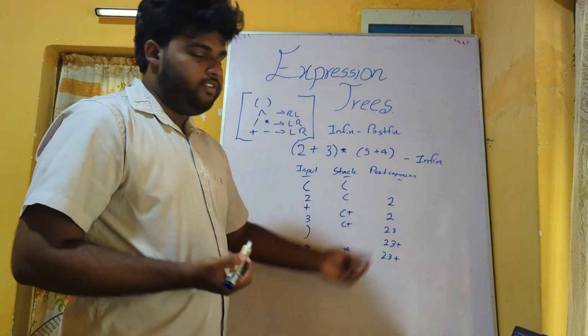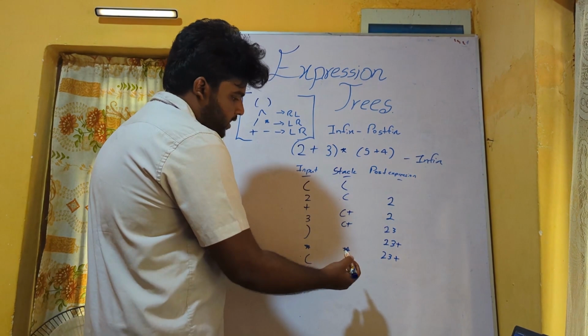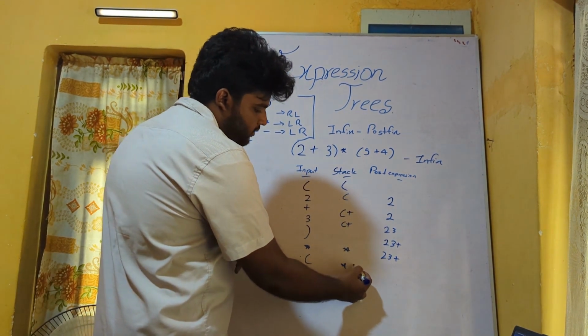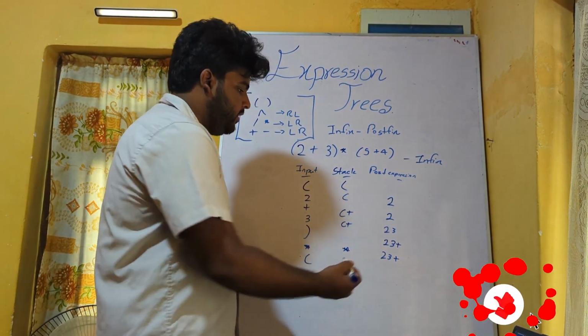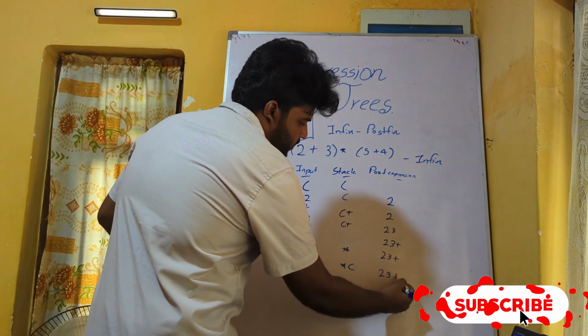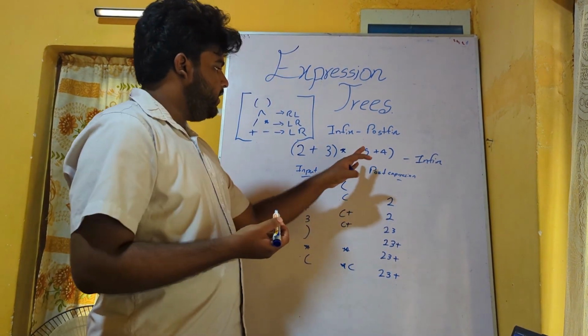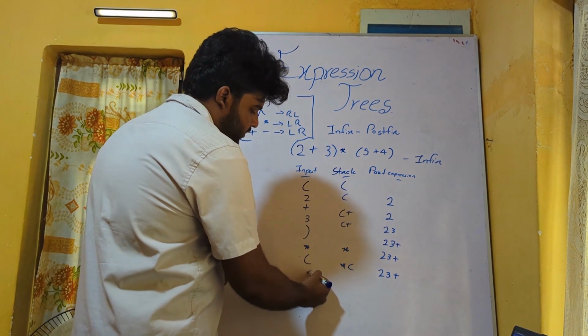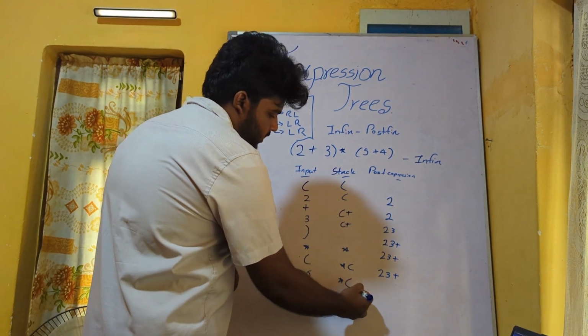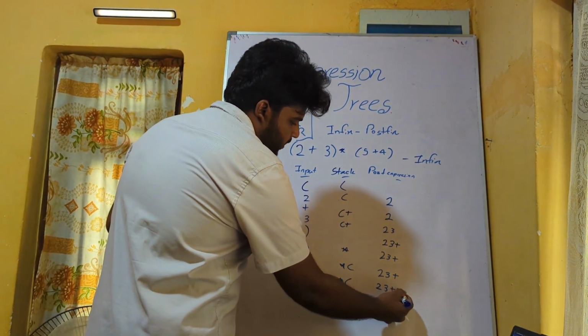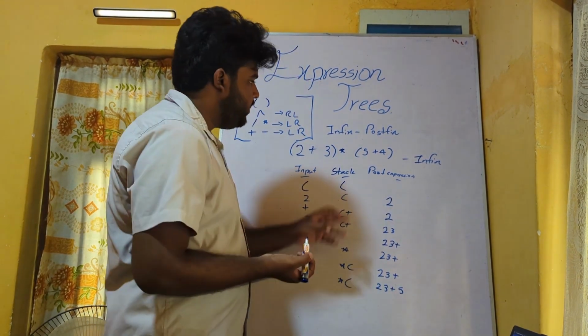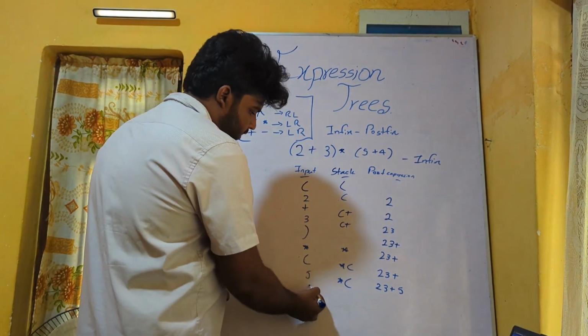Next I again have an opening parenthesis. Again just push that into the stack. The expression will be the same. Then I have an operand, so simply write the operand. Then I have an operator.